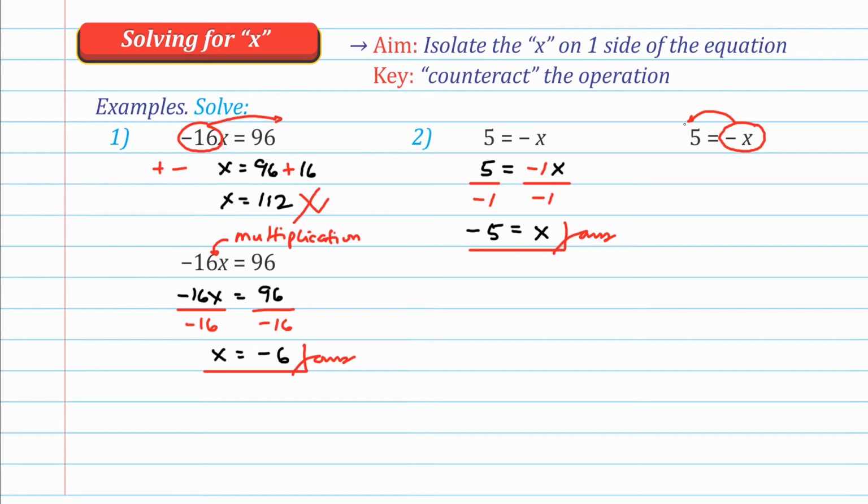However, you might say, Sir, di ba nagkamali tayo kanina? We transposed negative 16 here. Yes, the reason for that is we did not transpose the whole thing. We transposed negative 16 only, which is incorrect. But you can use transposition if we include the whole term.